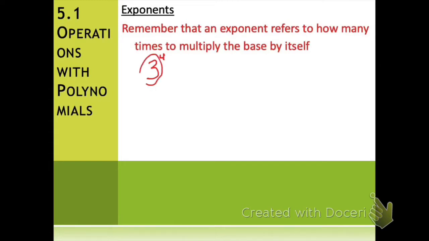This is the base. This little guy is the exponent. What this means is to take the base 3 times itself 4 times. That's what an exponent means. We could multiply that out if we wanted to.